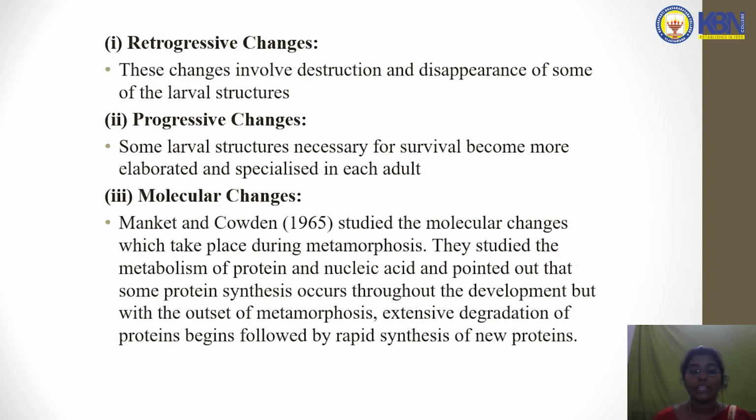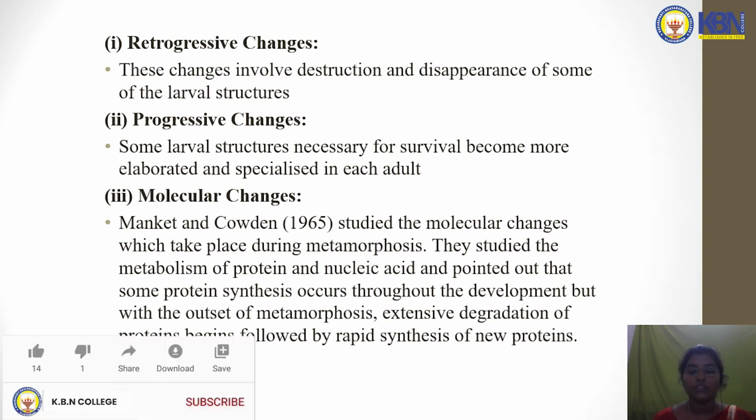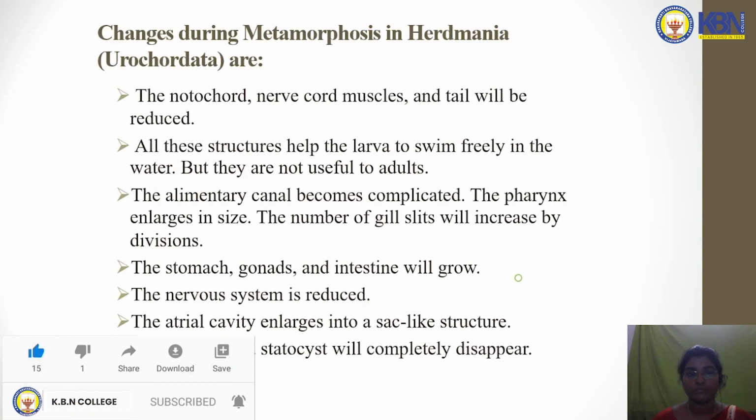Mangat and Cowden in 1965 studied the molecular changes which take place during metamorphosis. They studied the metabolism of protein and nucleic acid and pointed out that some protein synthesis occurs throughout the development, but with the outset of metamorphosis, extensive degradation of proteins begins, followed by rapid synthesis of new proteins.